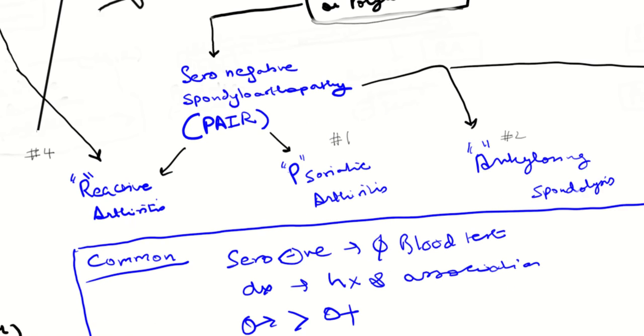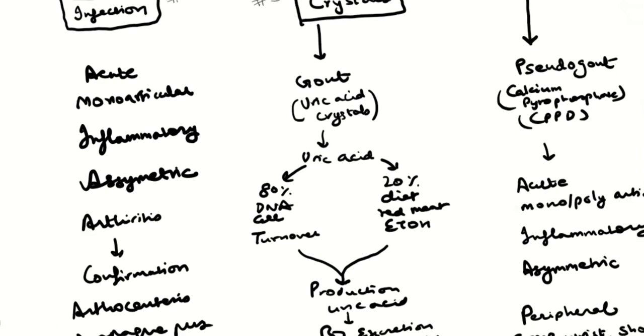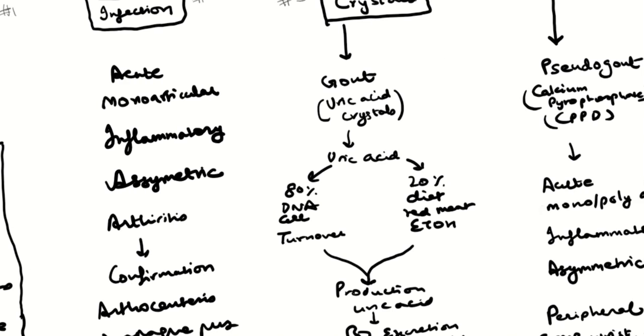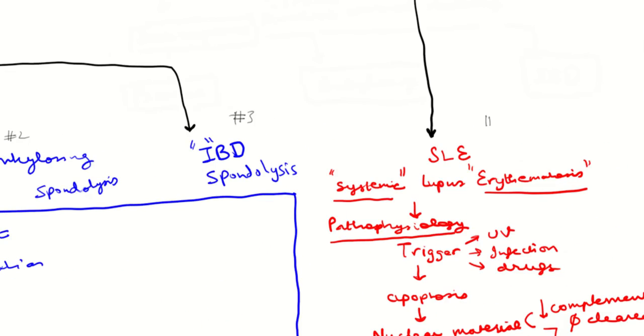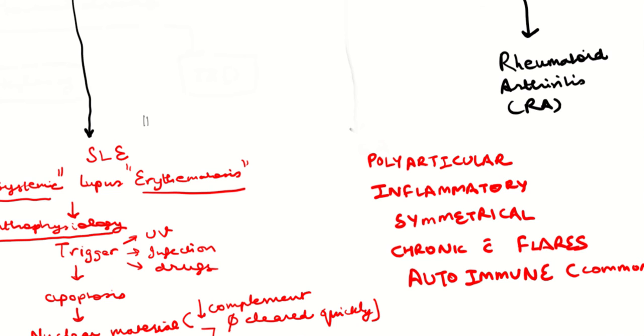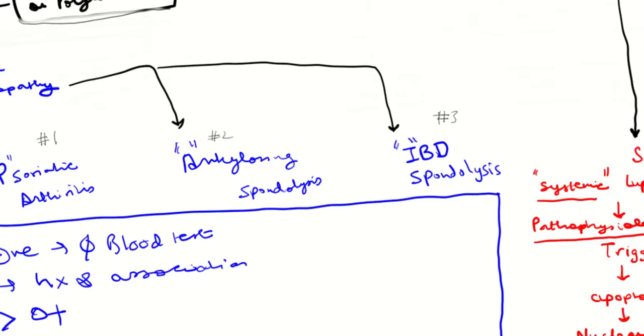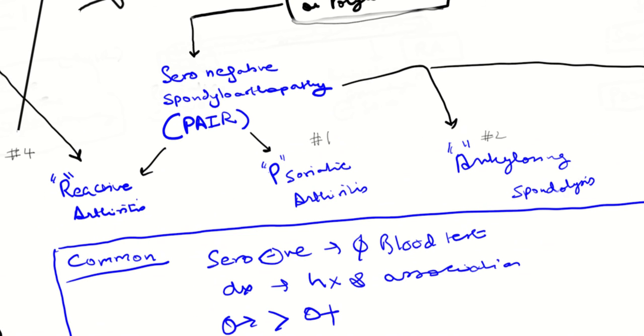Now, a lot of these diseases, gout, infection, rheumatoid arthritis, lupus, a lot of them have some markers that support, not diagnose, but support the diagnosis.